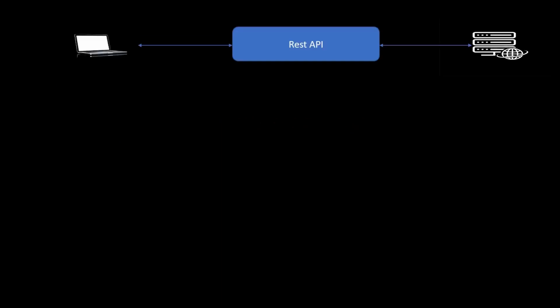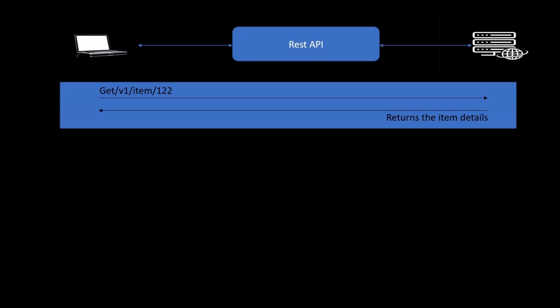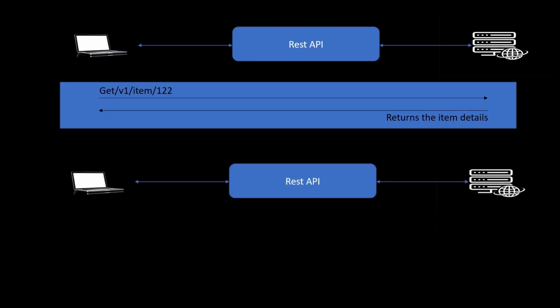Another issue that GraphQL helps us solve is the versioning issue. Suppose there was a client A to whom we were catering using this API, a GET call, GET version 1 item and the product ID. After a few months, the company grows, our understanding of the system improves, and we get another project from a client 2.